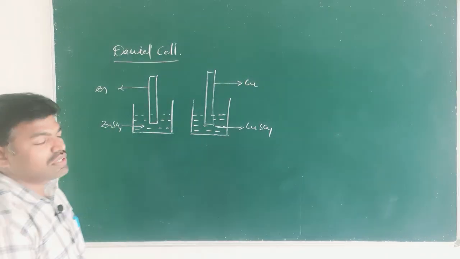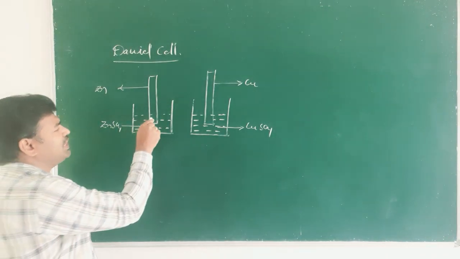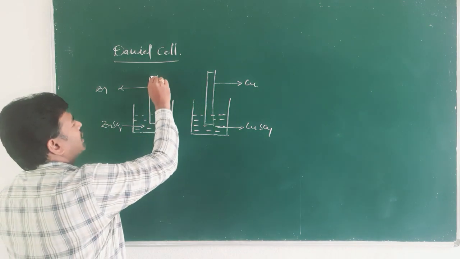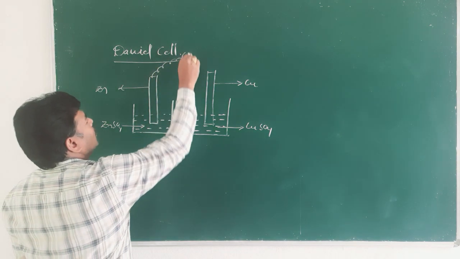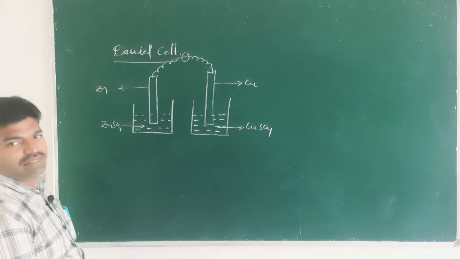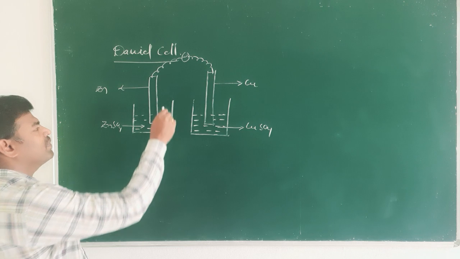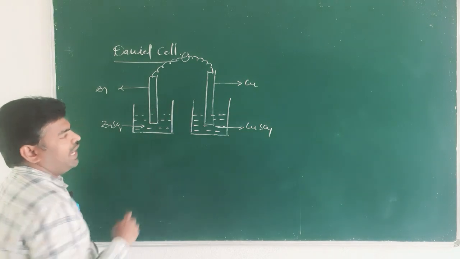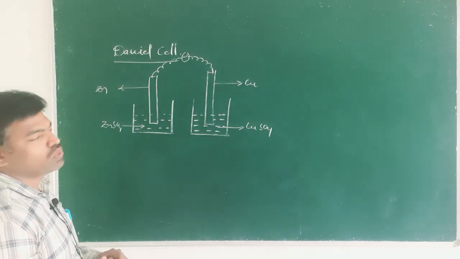When these two electrodes are connected by a wire to an ammeter, and these two are called two compartments.